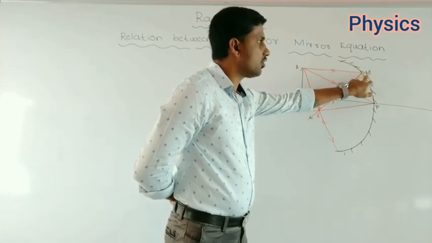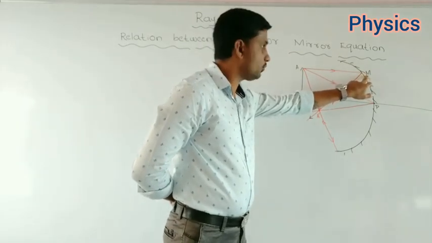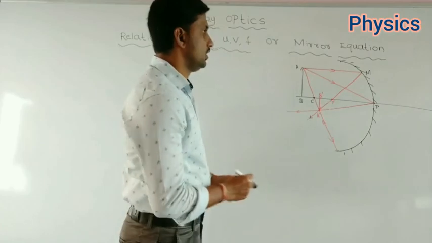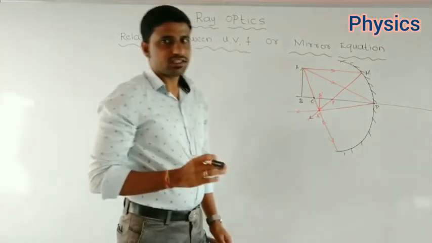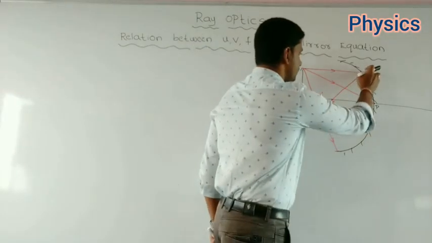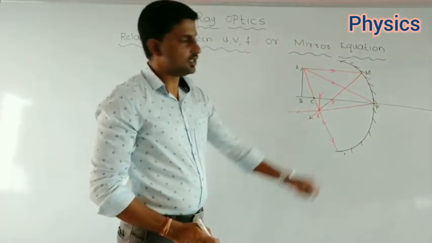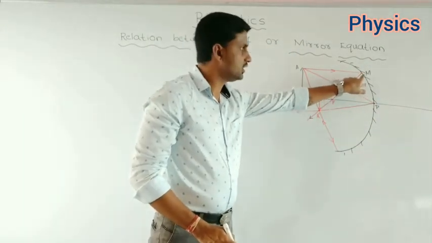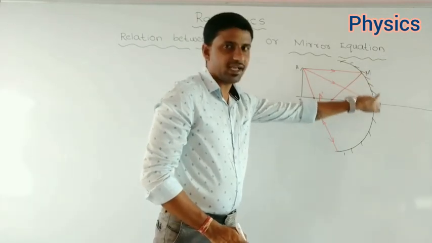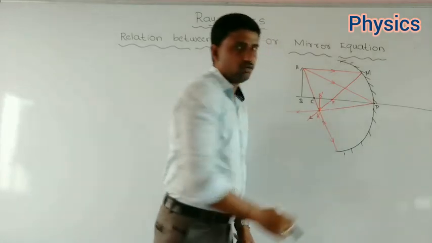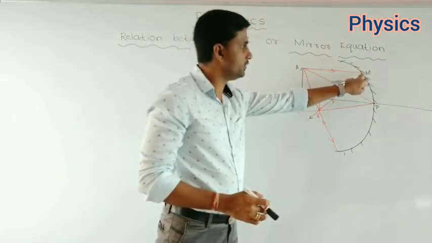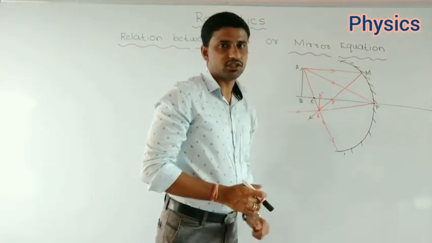That point I am taking as M. So these are paraxial rays. For paraxial rays I am considering MP as a straight line. Actually it is a curve, but for paraxial rays MP should be a straight line.